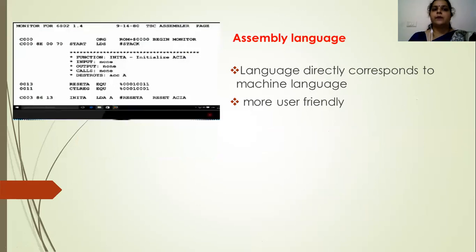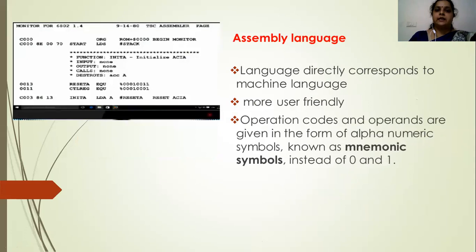The only difference is that whatever machine language does in 0 and 1, assembly language does with some codes. Like here we can see EQU, which means equal. In the same way, for add we have ADD, and for subtraction we have SUB.